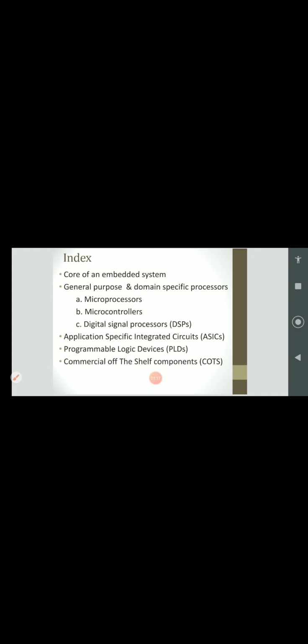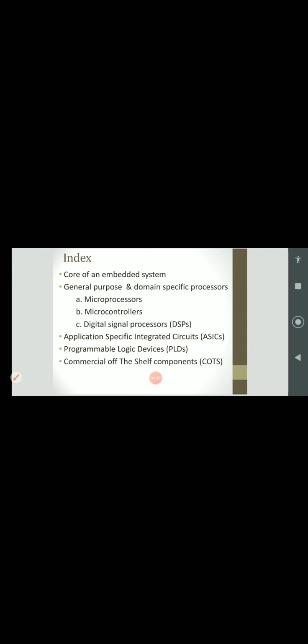After that we are going to study application specific integrated circuits, generally called ASICs. And after that we are going to see programmable logic devices and commercial off the shelf components, or generally COTS.